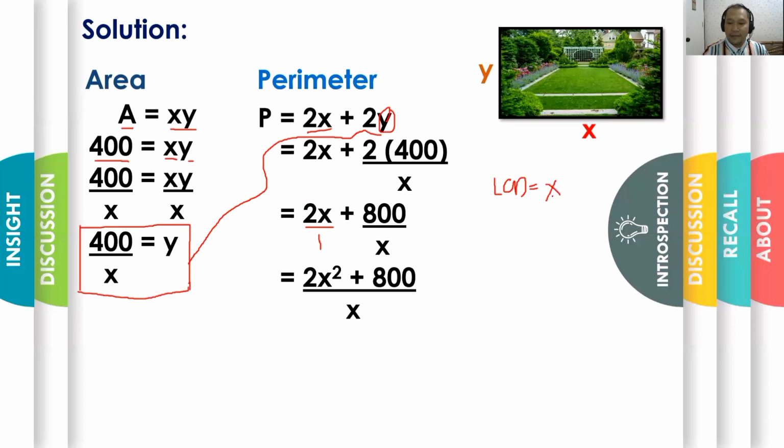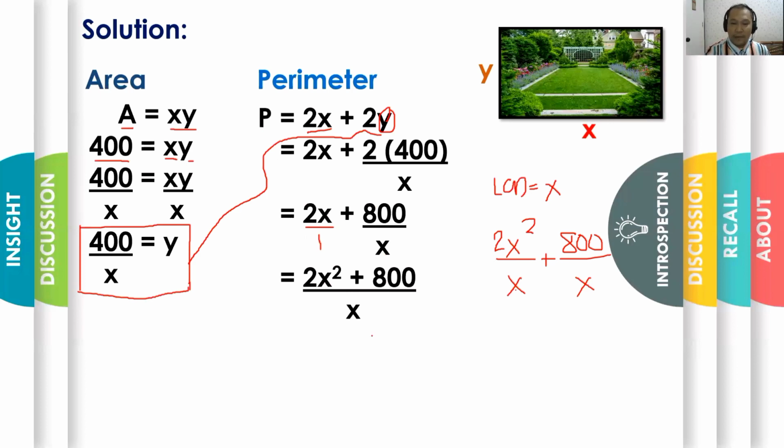Okay? Then we make our LCD as our new denominator, meaning we have x here and we also have x here. By x is equal to 1 times 800, we have 800. Therefore, since our expressions now have a similar denominator, we can rewrite it as 2x squared plus 800 all over x. And this will be our perimeter.